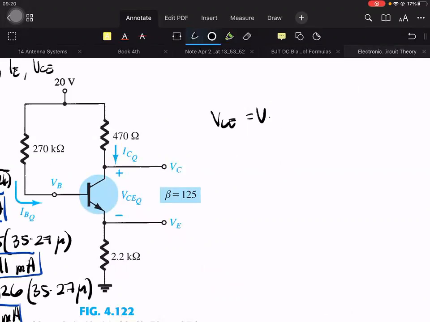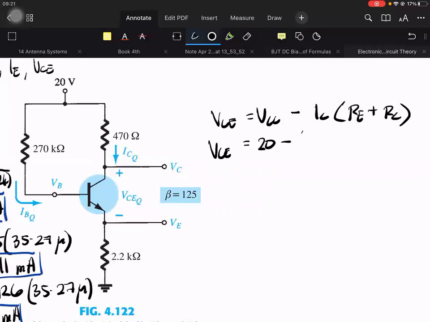So VCC minus IC times RE plus RC. 20 minus 4.41 milli times, 470 is 0.47 K, I'll use kilo ohms for uniformity, plus 2.2.